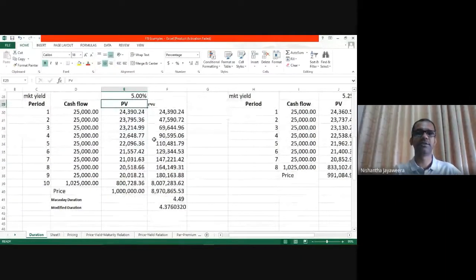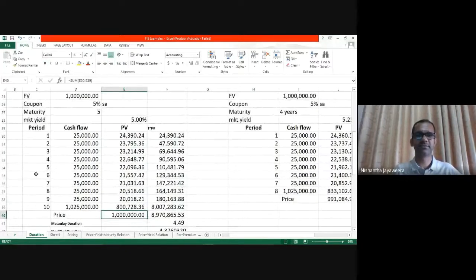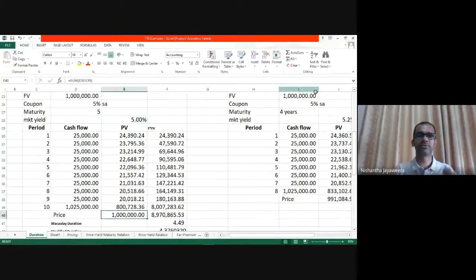Okay, fine. The equations are correct. I just changed a few formulas, and I want to make sure this is still fine. That's why I put yield to maturity 5. I got par. So my calculations are correct.